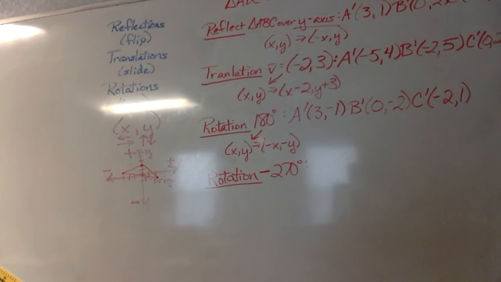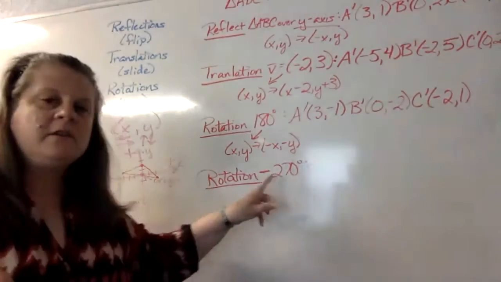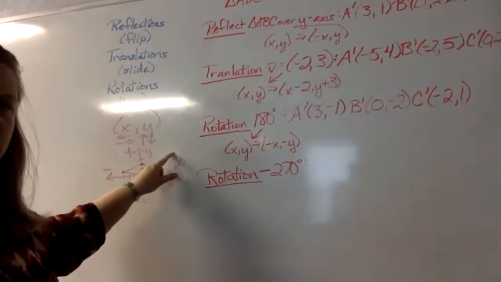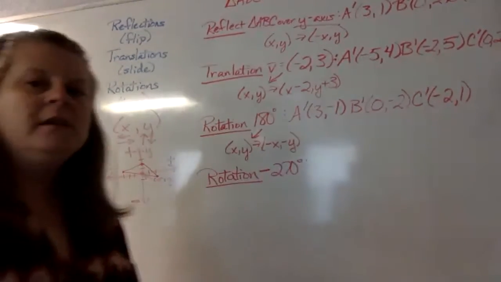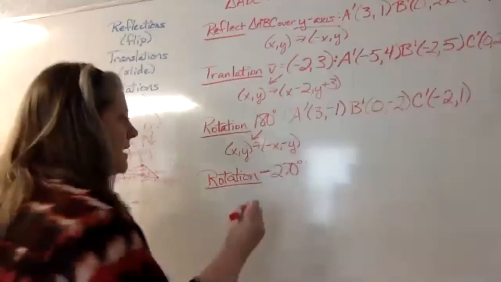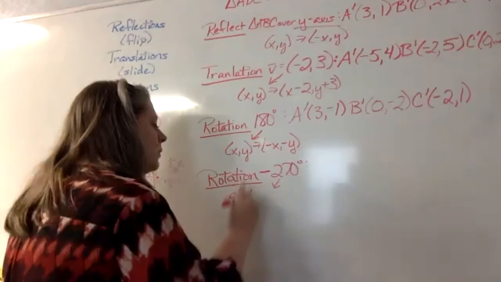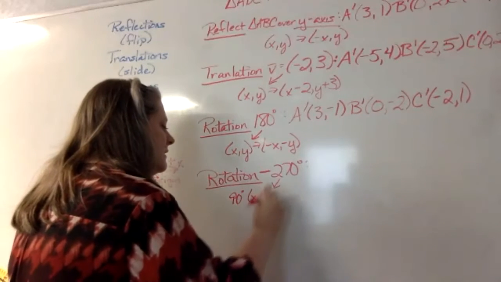Same as 90. Okay. It's the same as 90 because negative 270 would mean I go 3 around this way, which would be the same as just going 1 this direction. So it's same as 90 degrees, which we have our rule for 90 degrees.